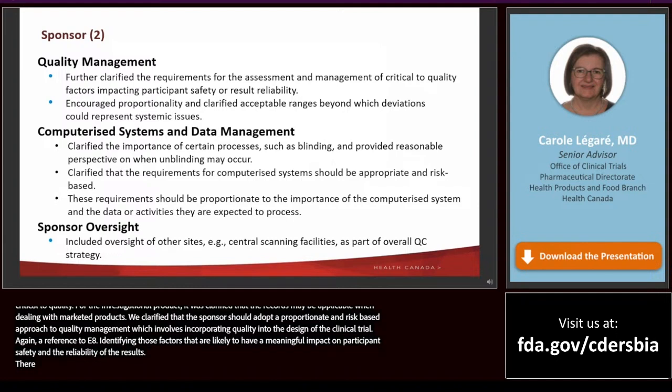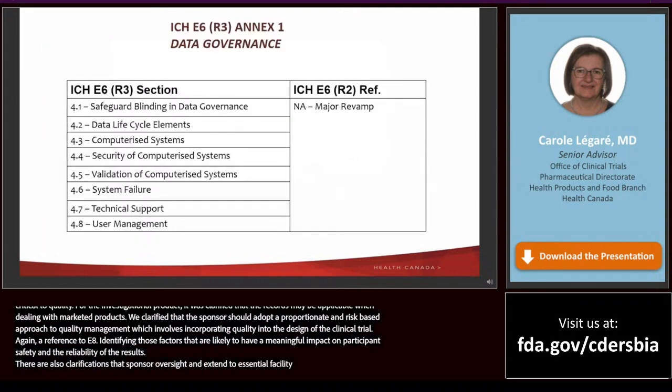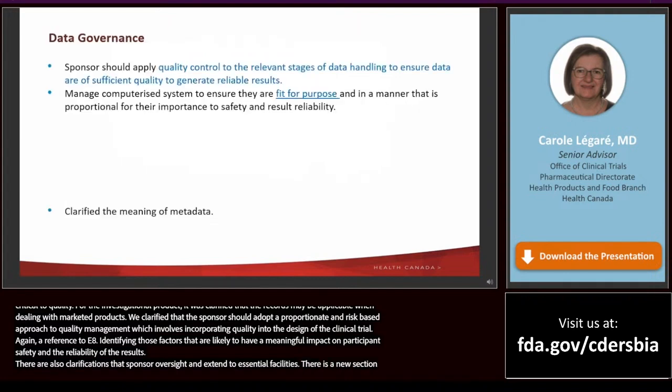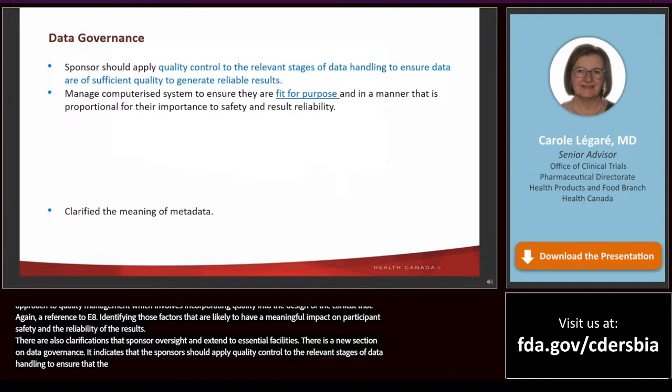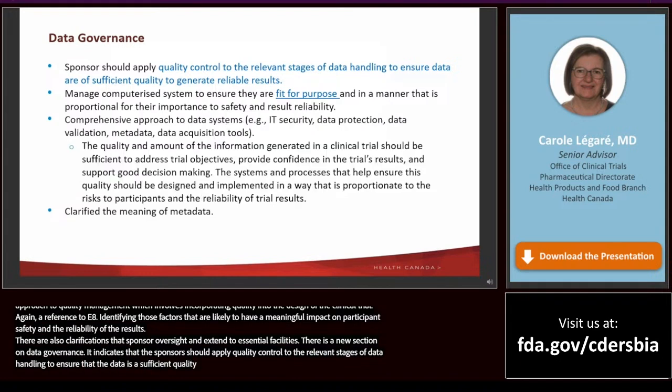There are also clarifications that sponsor oversight extend to central facilities. There is a new section on data governance. It indicates that the sponsor should apply quality control to the relevant stages of data handling to ensure the data is of sufficient quality.